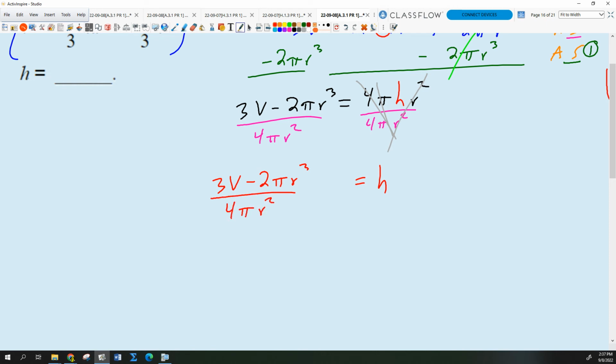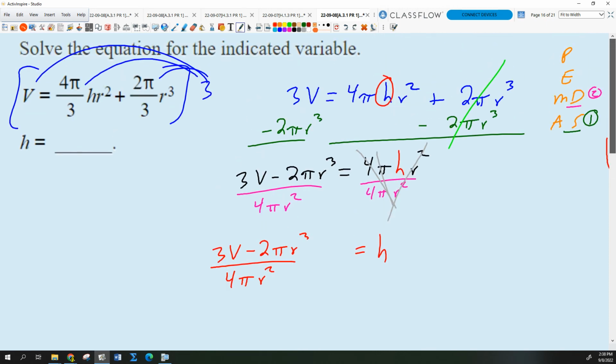Now, why would we do this stuff? Well, let's just assume maybe that in this case right here, this is the volume of some weird shape that has a height and a radius, some kind of weird cylinder or something, right? So right now, this is a formula for volume because it's equal to volume. Everybody agree I could calculate the volume by plugging in whatever the height and the radius are.